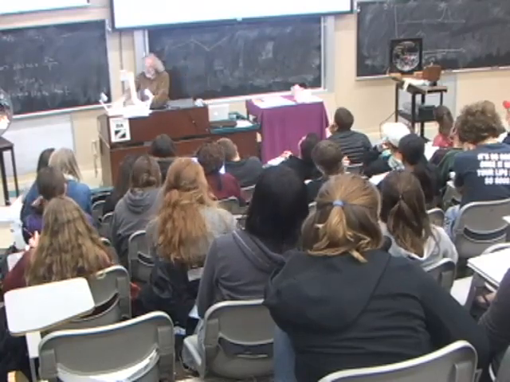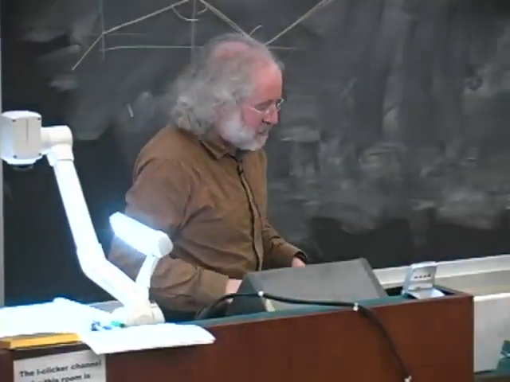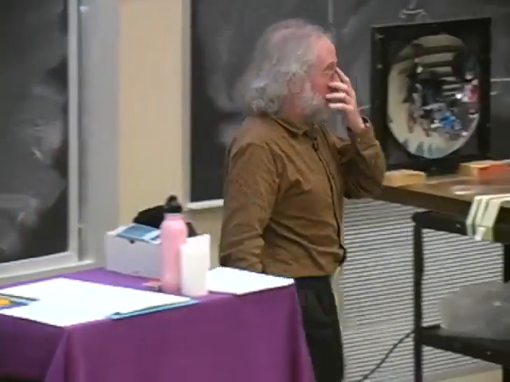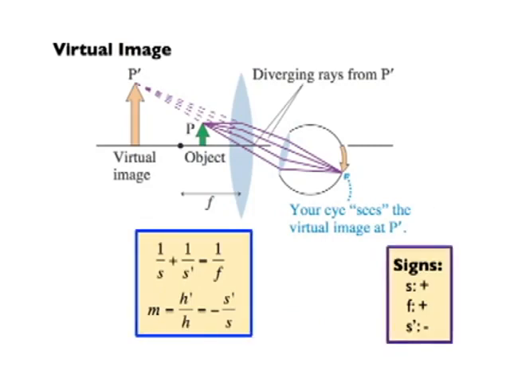But let's look at the other type of image that we have, which is the virtual image. Rays of light don't come to a focus, but you trace them back and see where it appears to come from. This is a virtual image using a converging lens. The equations are the same, but the sign conventions are different. The difference is this. S is positive. That's the distance of the object from the lens. S prime, that's the distance of the image from the lens. For a real image, it was on the other side of the lens from the object.